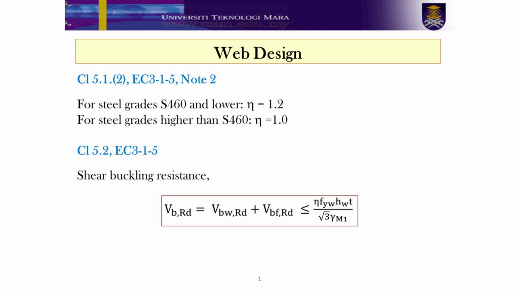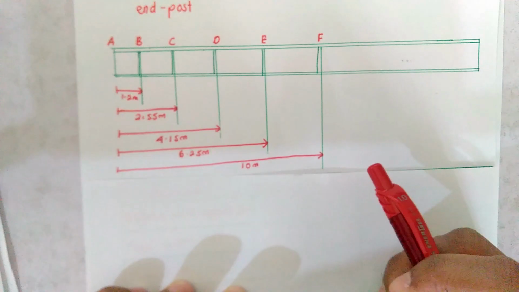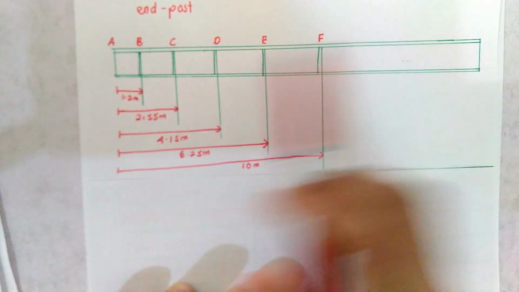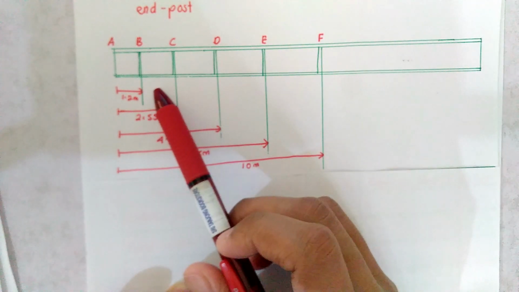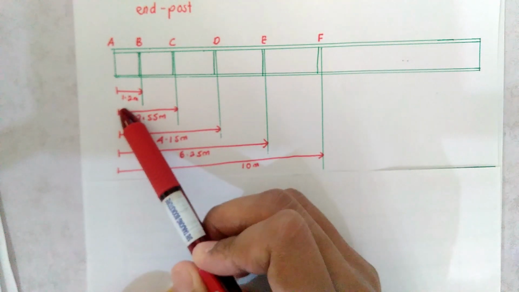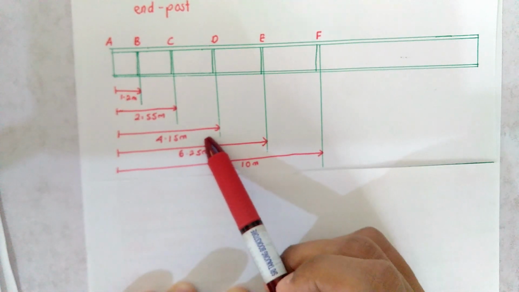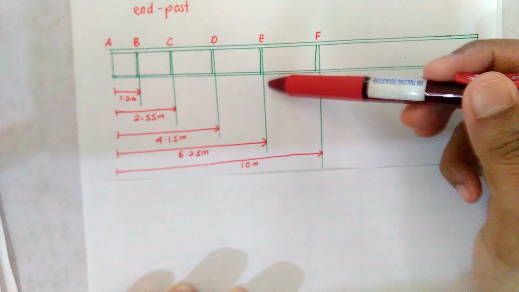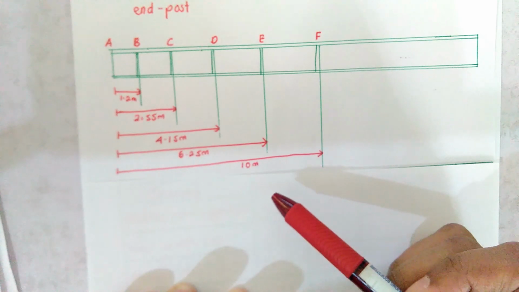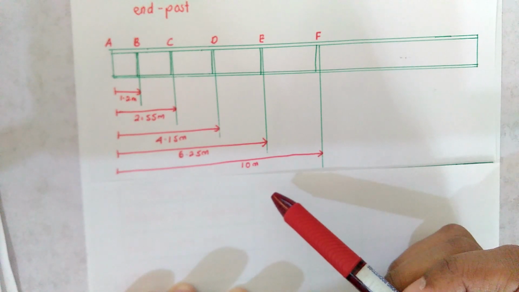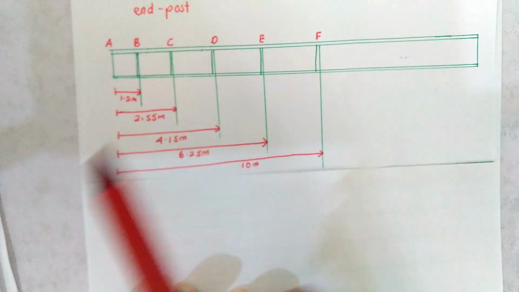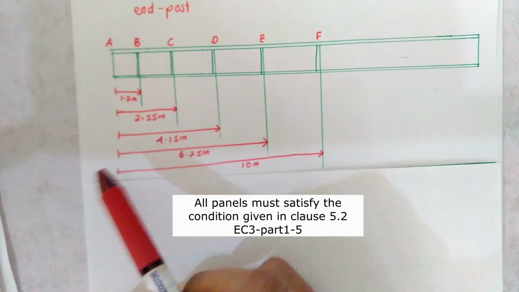So what does it mean by every panel? Every panel means, if you can see here, this is our plate girder from earlier, whereby we have 20 meters in length and transverse stiffeners located at 1.2 meters, 2.55 meters, 4.15 meters, 6.25 and 10 meters, where this vertical line represents the transverse web stiffener. So for every panel you need to carry out the shear buckling resistance check, because you need to check that all these panels satisfy the given condition.